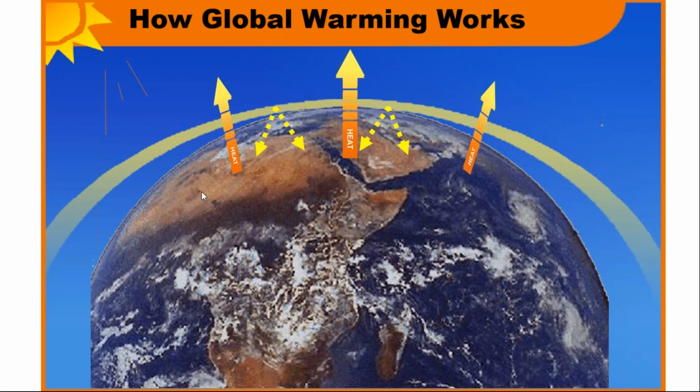So this is a natural phenomenon, and the absorption of heat by atmospheric gases like carbon dioxide, methane, ozone, oxygen, etc., is needed also, because for sustainability, we have to maintain some temperature on the earth.